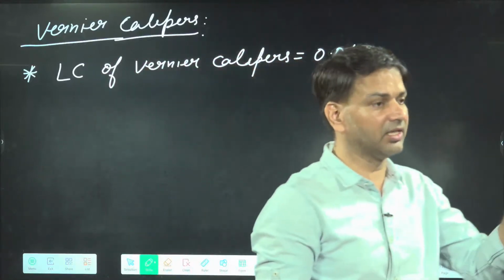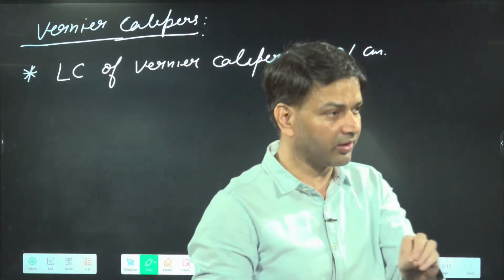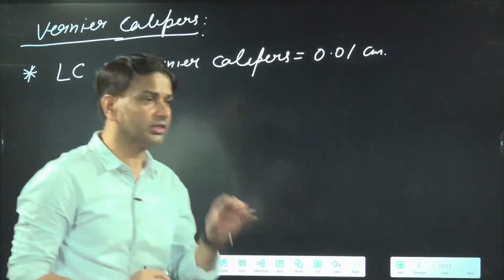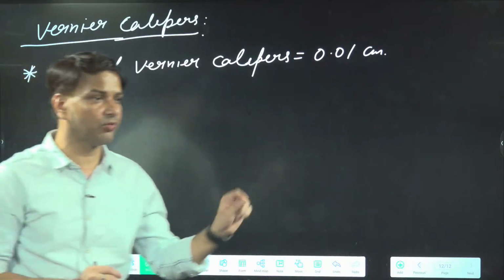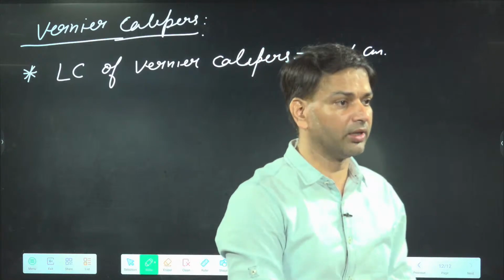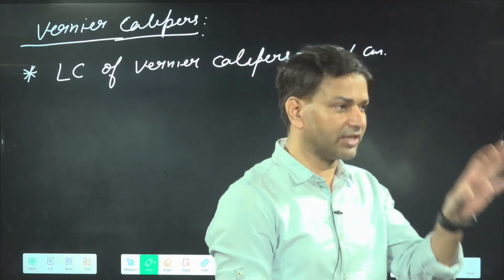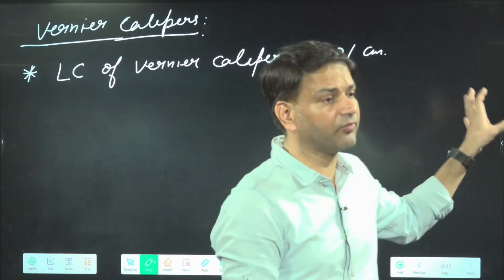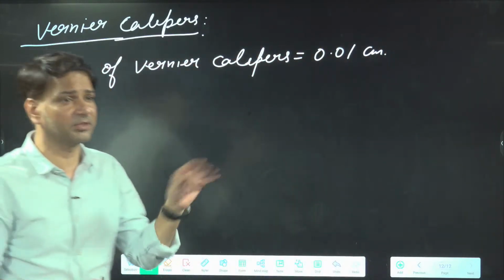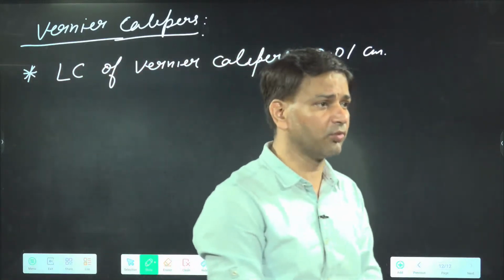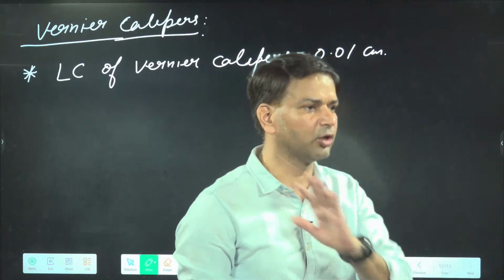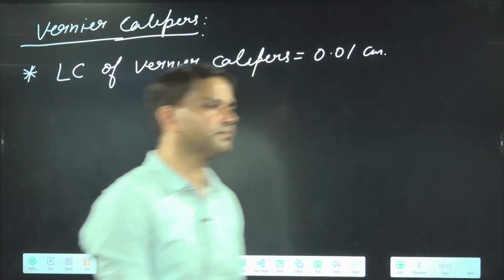So we will find the least count according to the data given in the numerical problem. Generally, the vernier calipers we use has a least count of 0.01 centimeter. So don't mug it up and apply 0.01 in all problems. For a different problem, it will change. Otherwise, I will give the least count formula that you will use in different numerical problems.